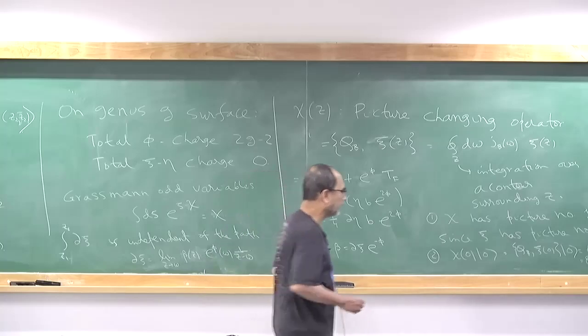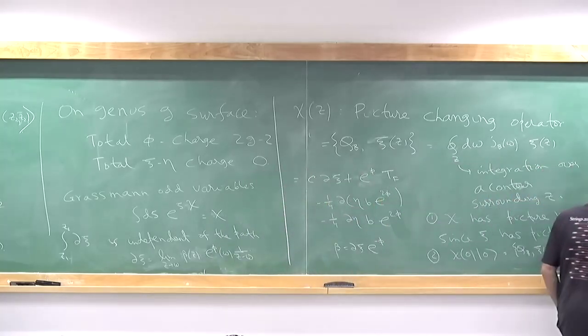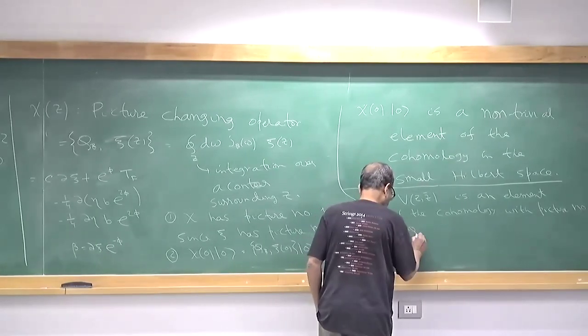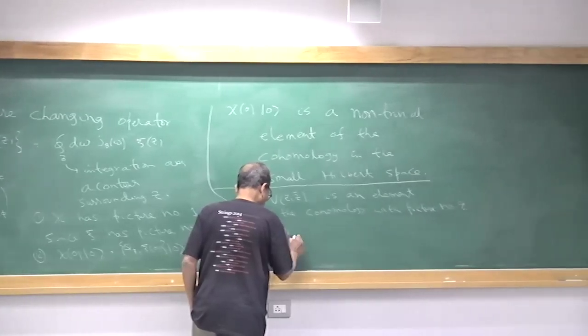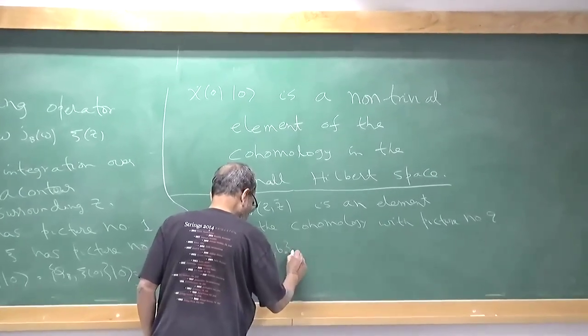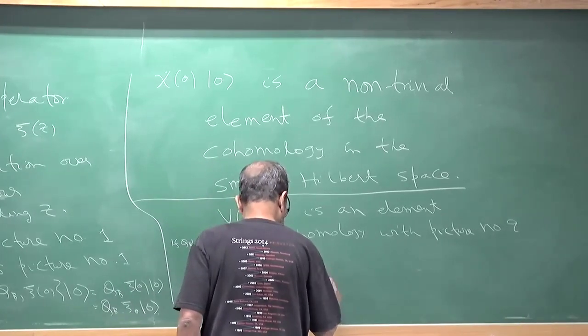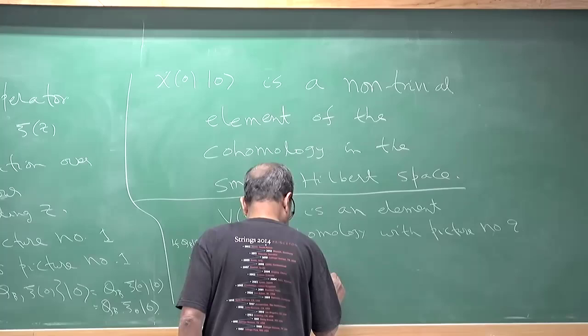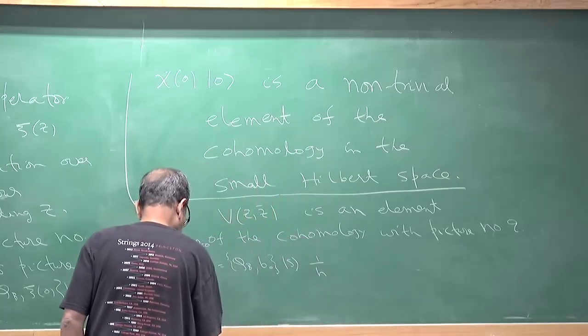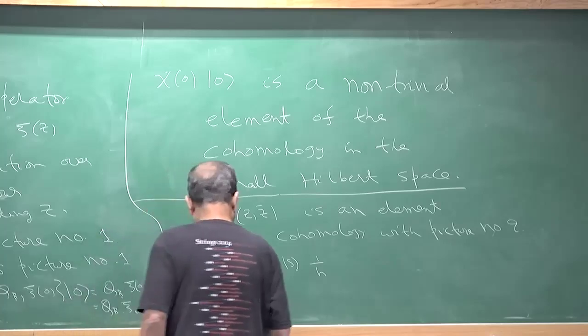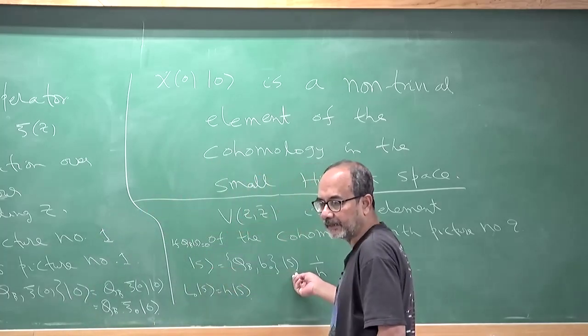You basically apply S, if QB S is 0, and S is QB B0 on S with 1 over H, where L0 on S is H S. If this is the conformal weight, then this state you can write it this way.